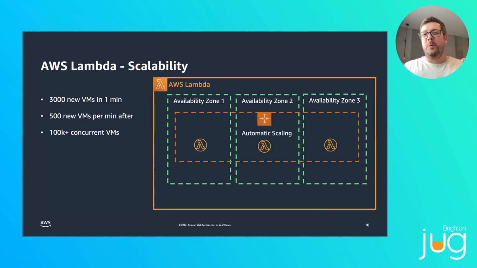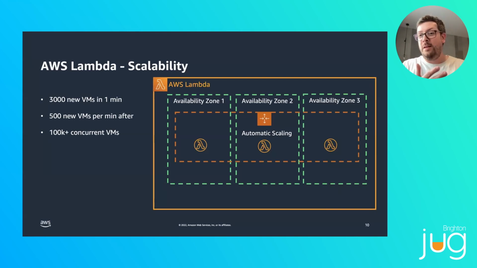With a new account from AWS today, you could scale up to 3,000 virtual machines in a minute. That's a huge amount of scaling from a default setting, and that's there to protect you as a customer, so that if you create some sort of infinite loop, you're not incurring a large cost.